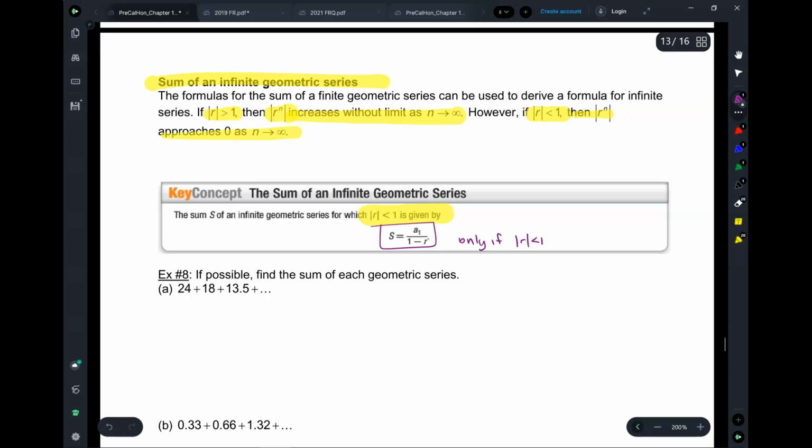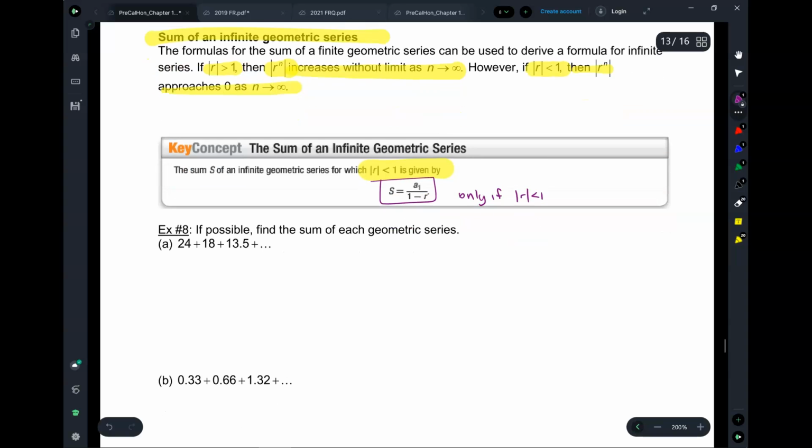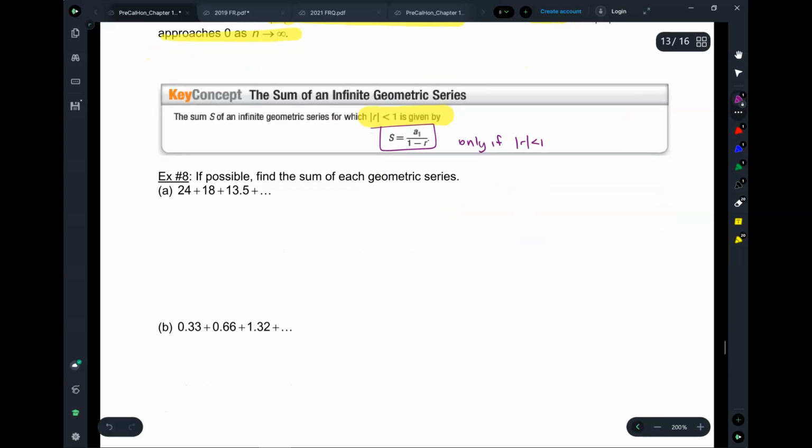This is the formula. So when you do this, first you have to say, is it possible? That's what it says: if possible, find the sum. So r is 18 over 24, which is how much if you divide by 6? 3/4.